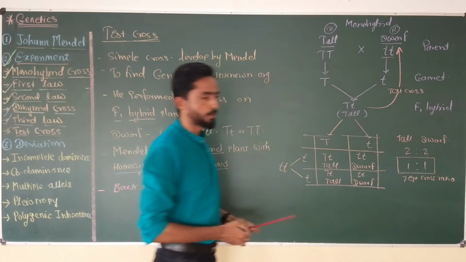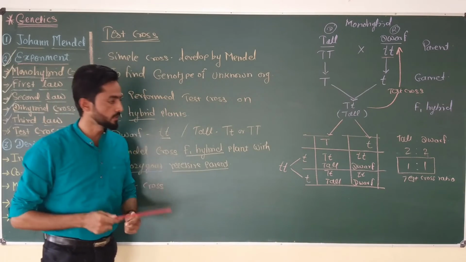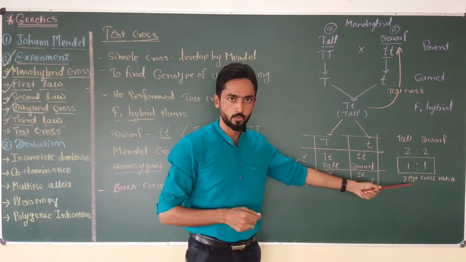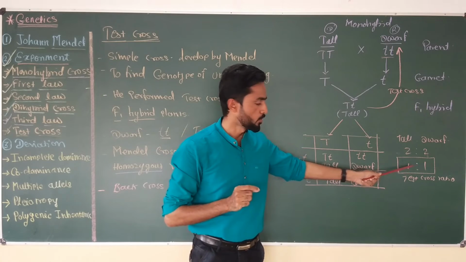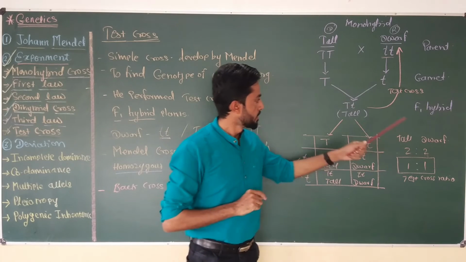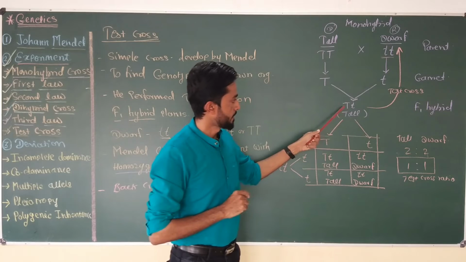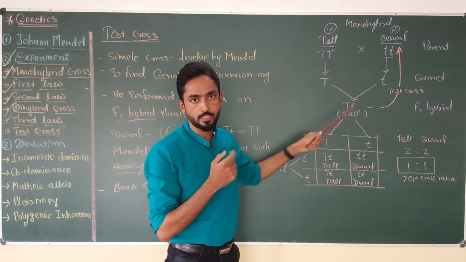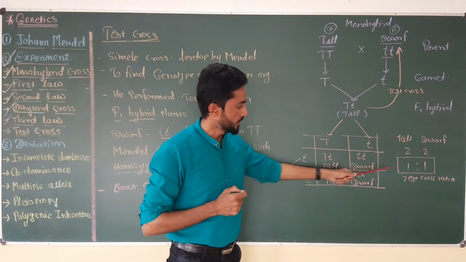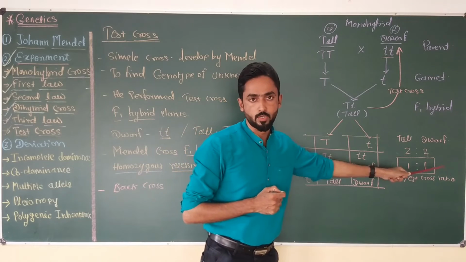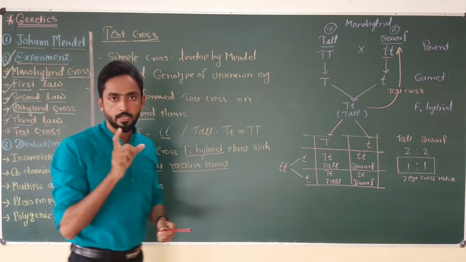Many times in competitive exams, they ask about the test cross ratio, which will always be 1:1. If the F1 hybrid is showing capital T small t genotype, then the ratio is going to become 1:1. Okay, so we have to remember different ratios now.